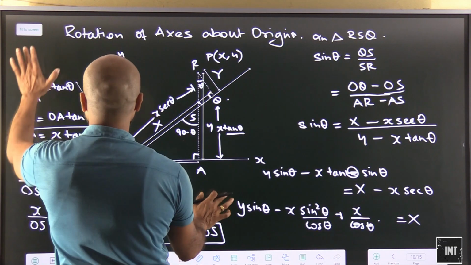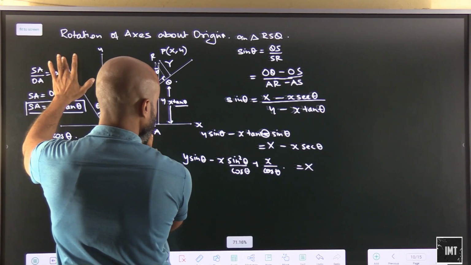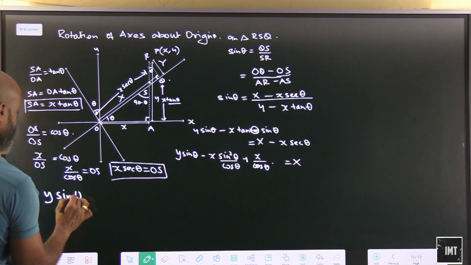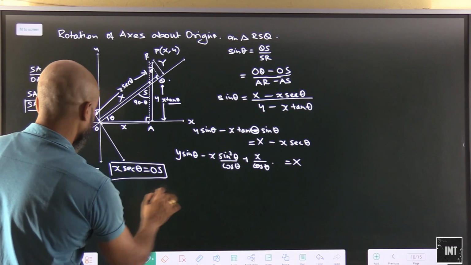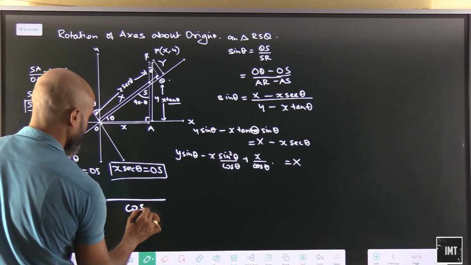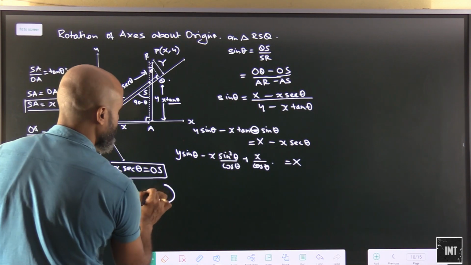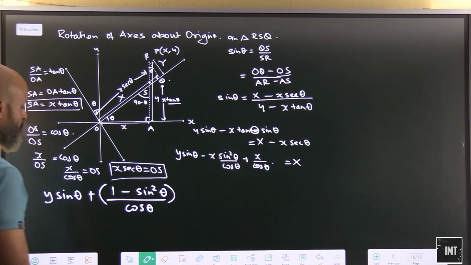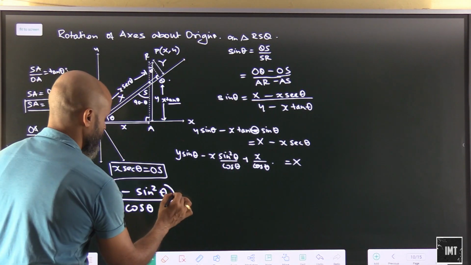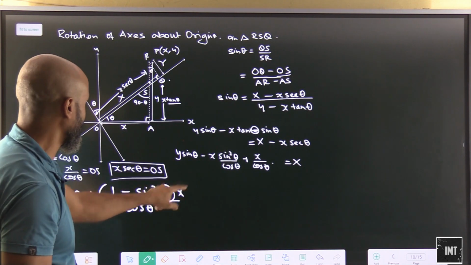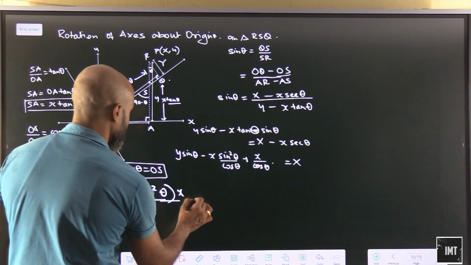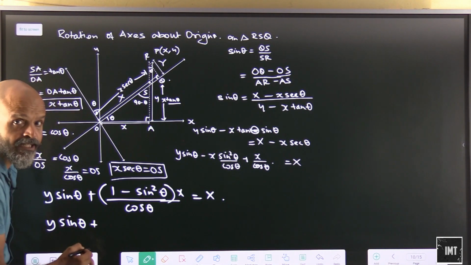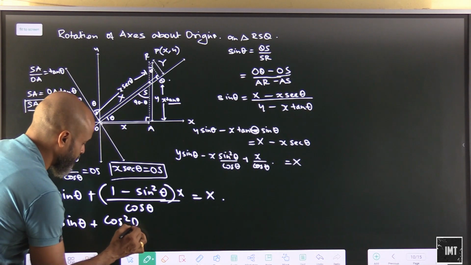Taking x common, this is y sin theta plus x times (1 minus sin square theta) upon cos theta, and 1 minus sin square theta is cos square theta.